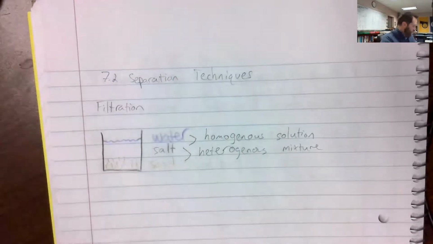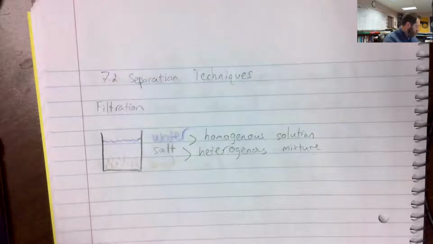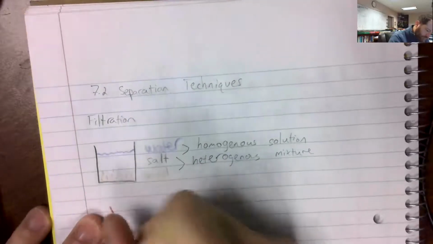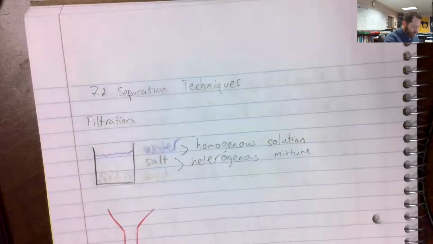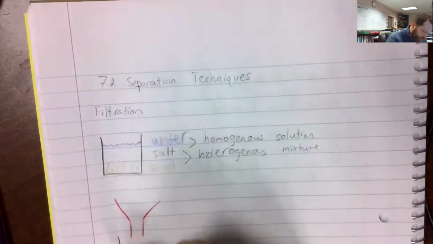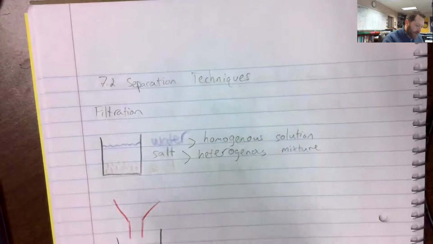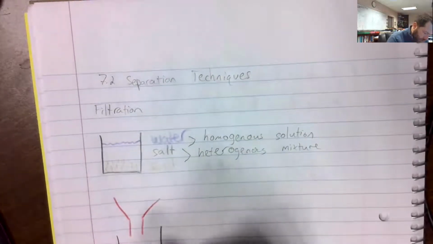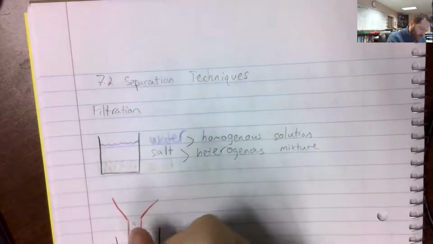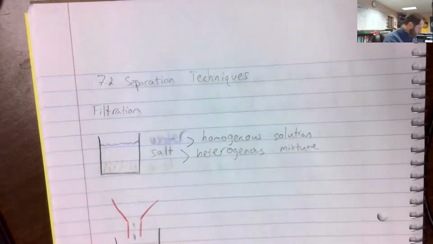How filtration works, and you've probably already done it at some point in your life. So you have a funnel. The bottom of that funnel is your beaker, whatever you're using to collect the material. So we're going to have the water dripping through there.